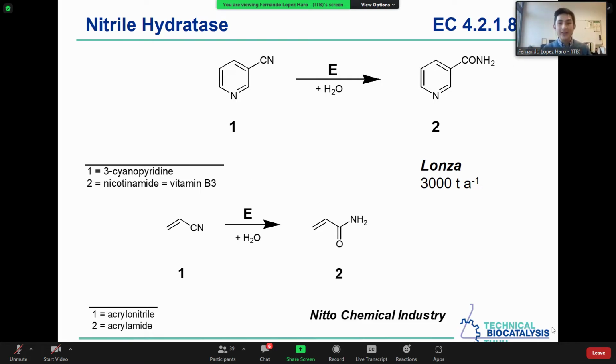But otherwise, it is also found in plastic. It is used for very sturdy plastics, especially like window replacements for glass when you need something that is transparent and very strong, but you don't want to use glass. The way you do it is you don't use acrylamide itself, but you polymerize acrylamide to create this kind of polymer. Another place where it is often used is also for analysis.